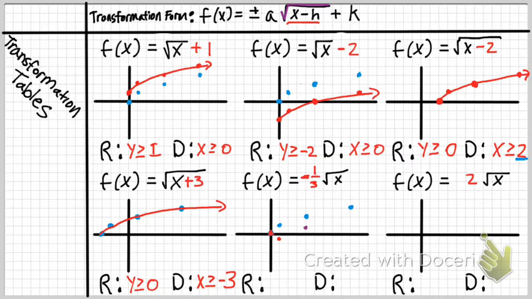I made a quick mistake. I said that the output was 4. The output is actually 2 at this point. So we're taking 2, multiplying that by 1/3. You get 2/3, which is just under 1. And then you're multiplying that by the negative, right? So my output will actually be somewhere like right here.